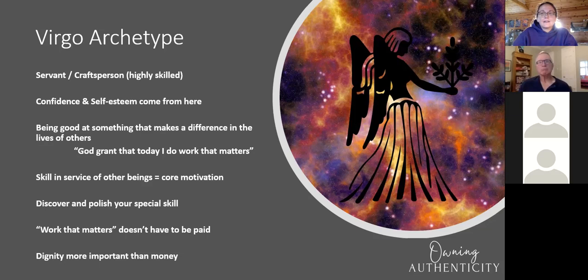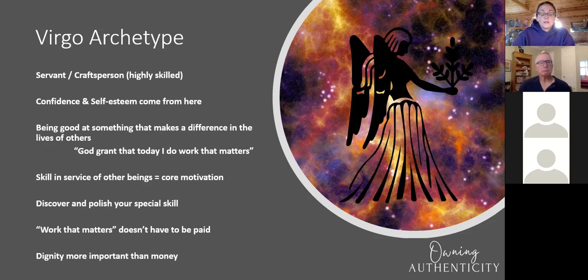And that constant need for improvement that Virgos are so known for is coming from here. It's coming from wanting to make the most positive impact on the world they possibly can, because their hearts are legit in the right spot. Like this prayer: God, grant me that today I do work that matters. That is what Virgo is after. It's not about the highest paying job or the most recognition.